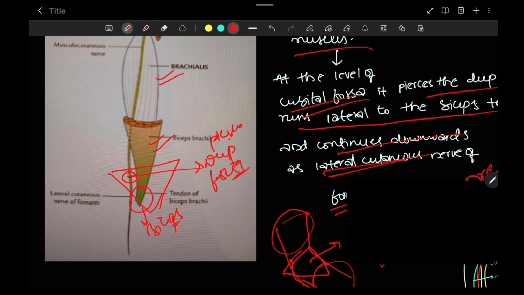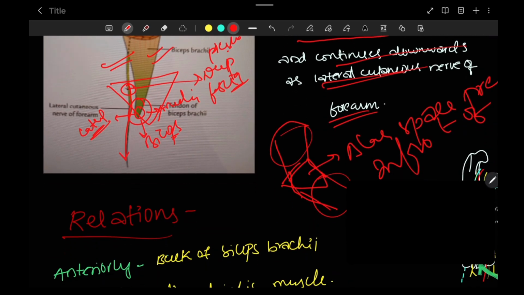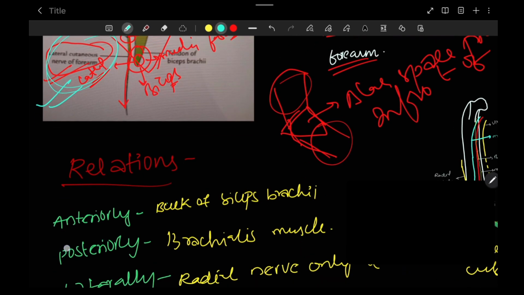The nerve which only runs lateral to the biceps tendon is the musculocutaneous nerve. This is the biceps tendon, this is the medial side and this is the lateral side. So the musculocutaneous nerve passes lateral to the biceps tendon and continues downwards as the lateral cutaneous nerve of the forearm. This is important.